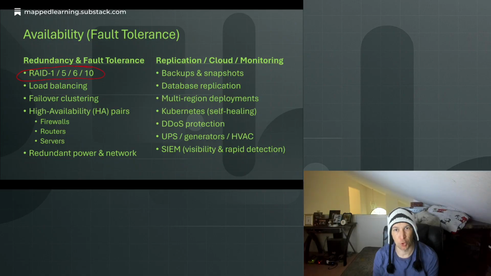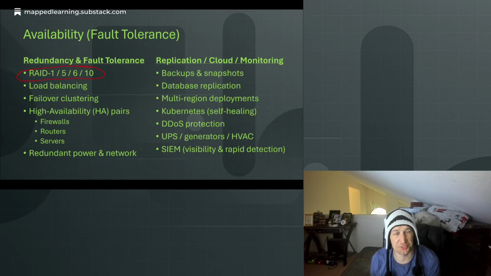So this is redundancy and fault tolerance, depending on which version you choose. There's load balancing. Very quickly, what I mean by that is, let's say I have a web server. If I have a web server by itself and it goes down, then I can't serve my clients that website.